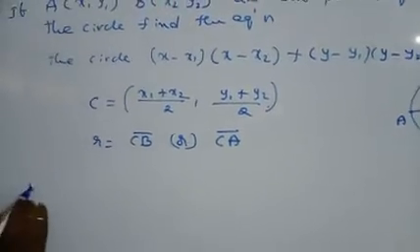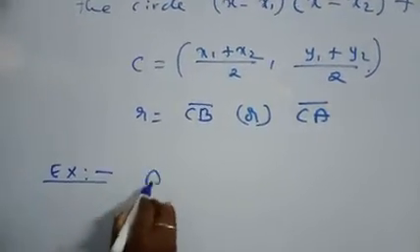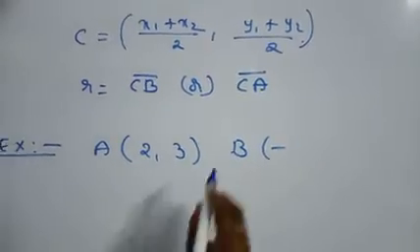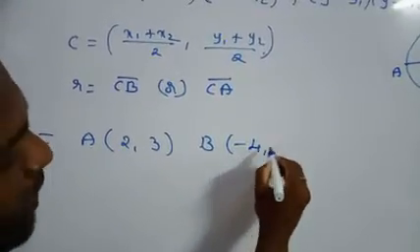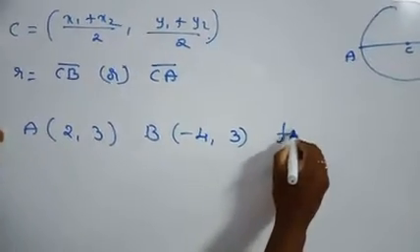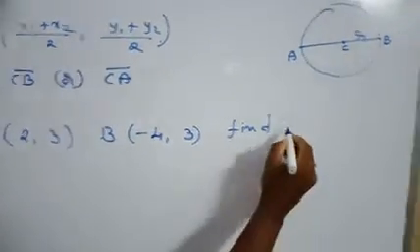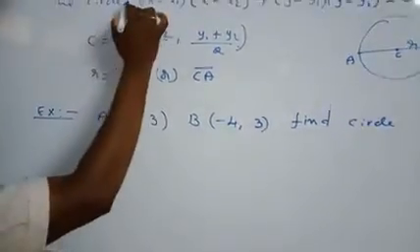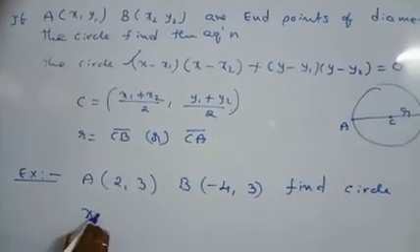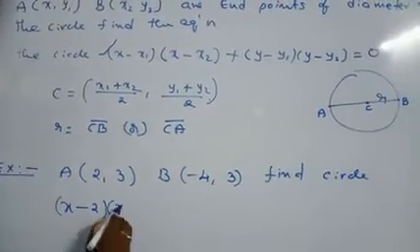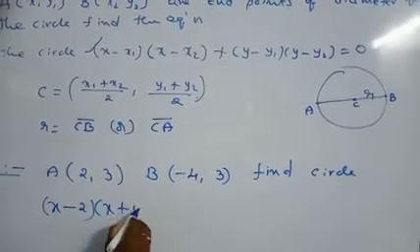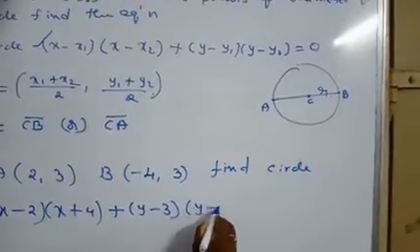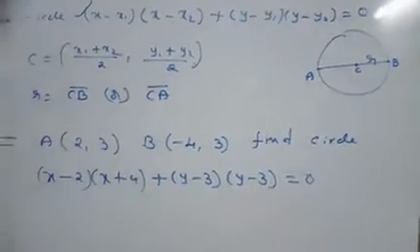For example, A of 2 comma 3, B of minus 4 comma 3. So find the circle. So substituting in this formula, x minus 2 into x plus 4 plus y minus 3 into y minus 3 equal to 0.